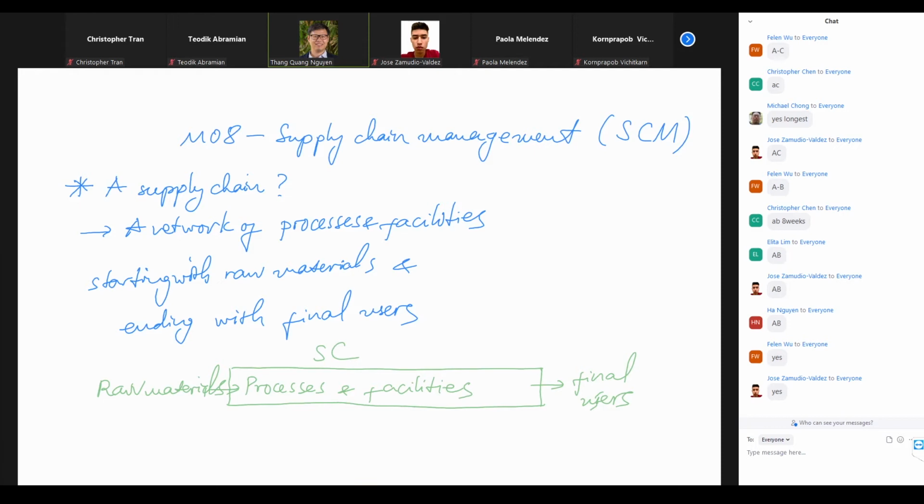It might span many countries. It spans many companies. It doesn't have to be just one, right? So that's the concept of a supply chain. It can be both ways. It can be going forward. It can be going backward.